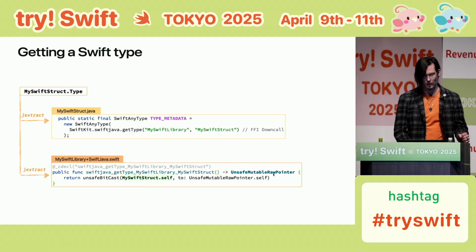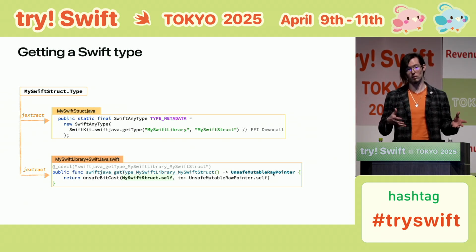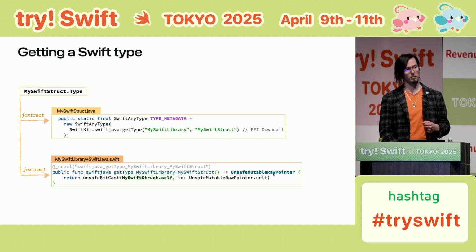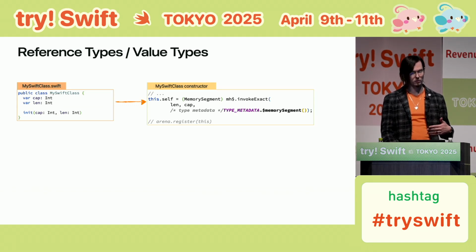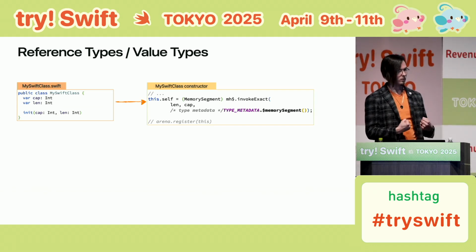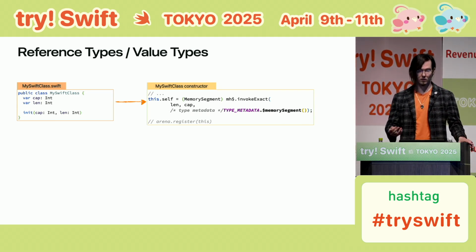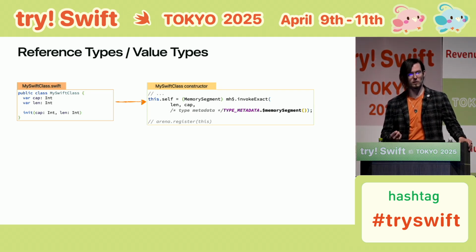Java doesn't really know what that means. It knows I have a pointer to the type, and now we can provide it into that initializer we talked about, right? We got the type metadata, we get the pointer to it, and now we're able to call the initializer directly from Java. This is really cool. We got an instance created by calling it directly from Java. We initialized a Swift type.